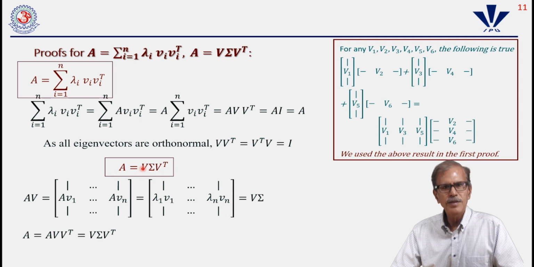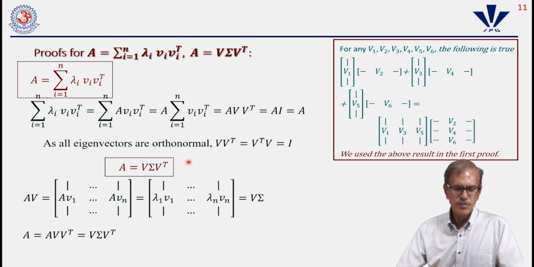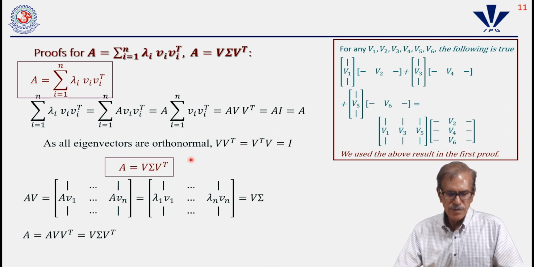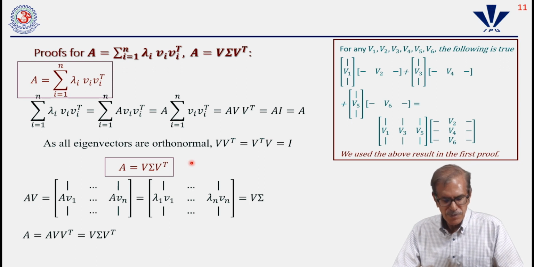Because this V matrix in many cases is expressed as Q. So it's also called QΛQ decomposition. So this is one of the important matrix decompositions. We'll also go through singular value decomposition and non-negative matrix decomposition in the future.